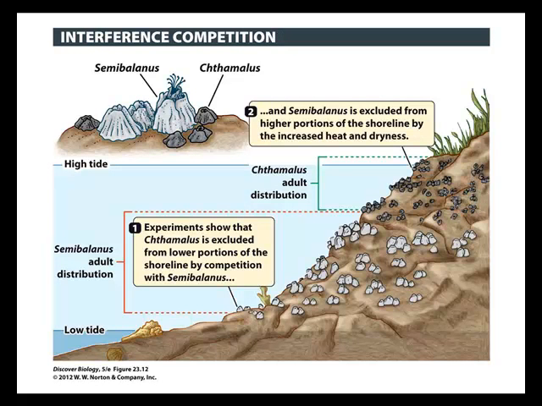Okay, so we also want to look at competition a little bit more closely. Competition is very, very common in the world, so it's something that we should look at. It's also really interesting that it ties back in with coevolution and natural selection.